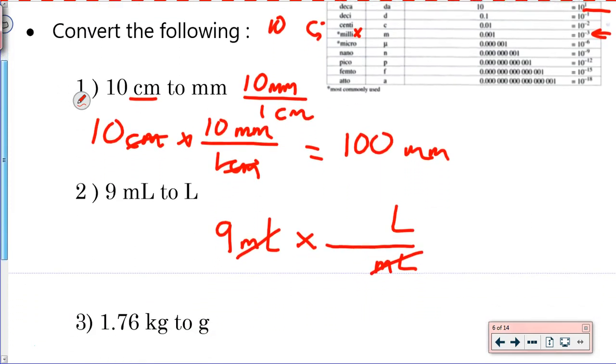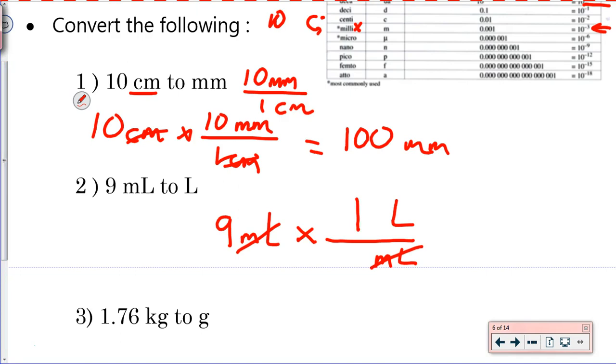So I'm going to start with a 1 on the number that is bigger. And the milli, it said that it was 10 to the 3 up here. 10 to the 3 is 1,000, so there must be 1,000 milliliters in 1 liter. So in this case, we do a division, and we end up with 0.009 liters, still with one significant digit.